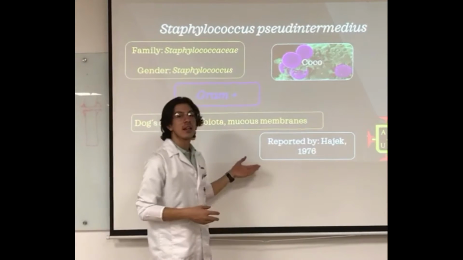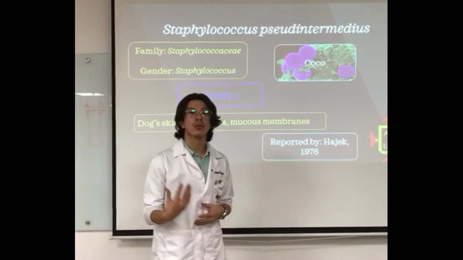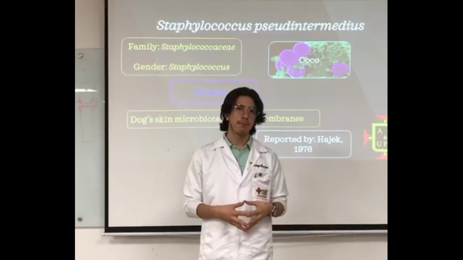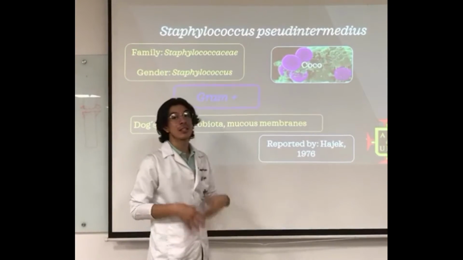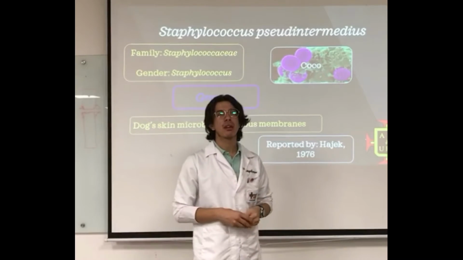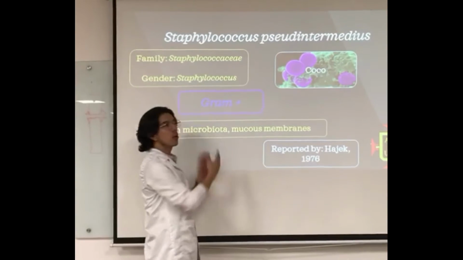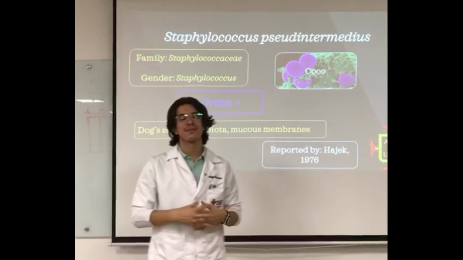It's important to humans and for medicine because it could be a zoonotic infection, but science is trying to discover what Staphylococcus pseudintermedius in specific could create, because what we know is what the Staphylococcus family could create.